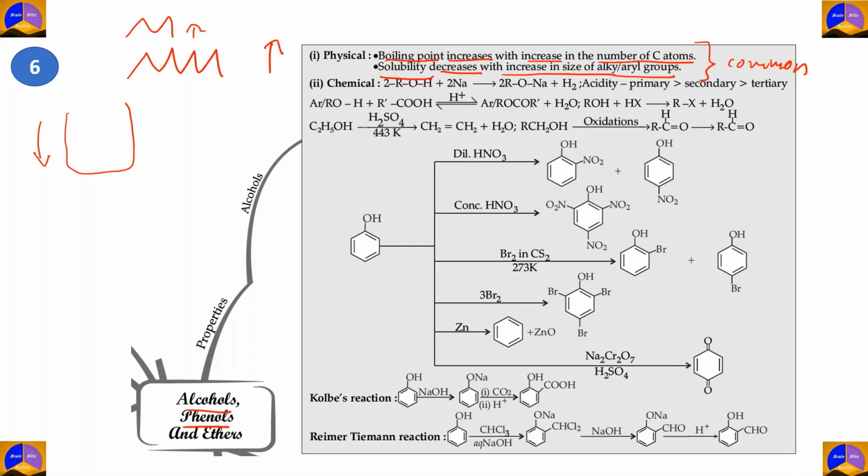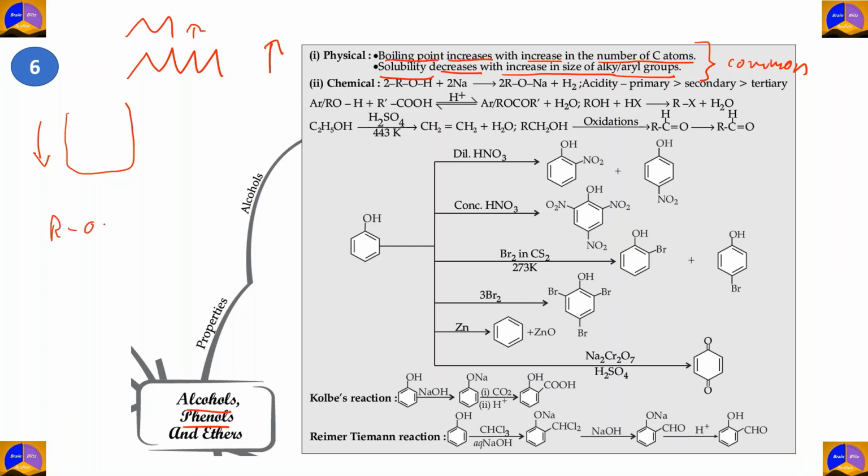So chemical reactions. Alcohols are versatile compounds. That means they have a lot of chemical reactions. They react both as nucleophiles, which is electron giving, and electrophiles, which means electron taking. The O-H bond is broken when alcohols react as nucleophiles.